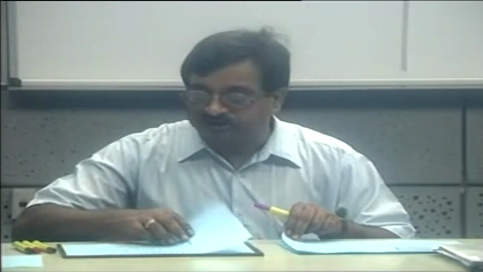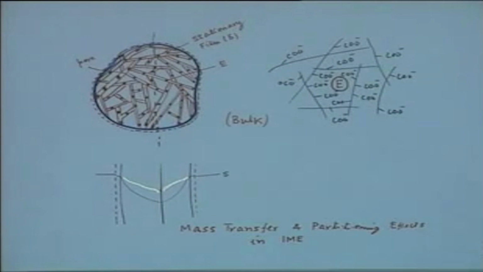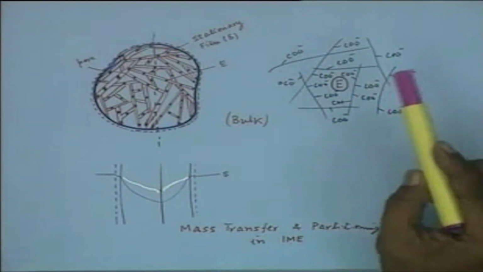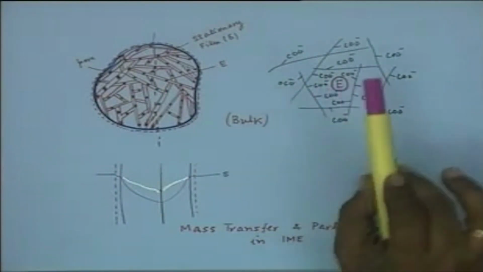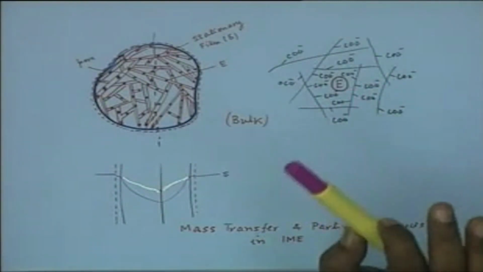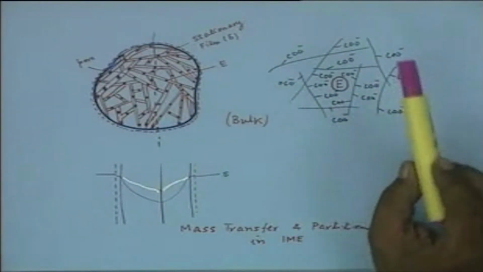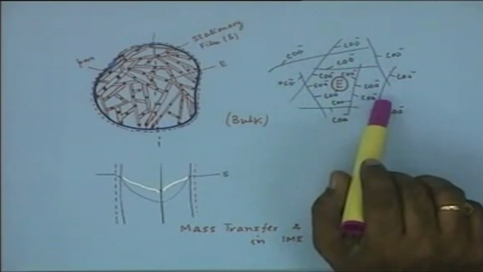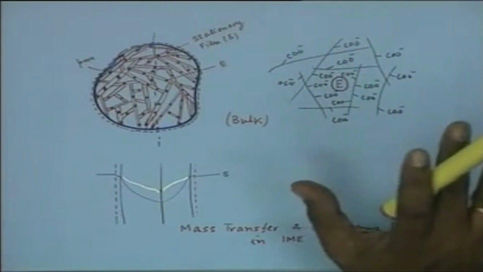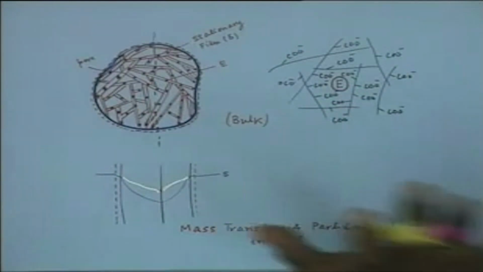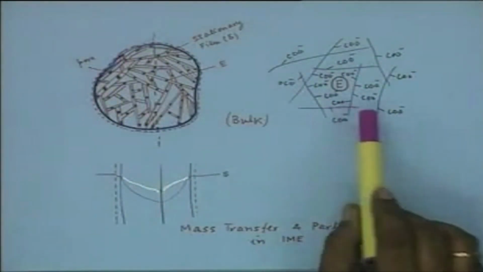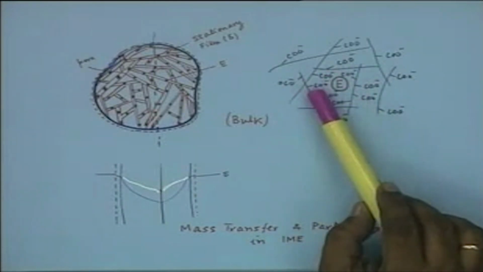Now the two effects, the partitioning effect and the mass transfer or diffusion effect, can be visualized here. If you notice in the right hand side diagram, I have assumed a hypothetical carrier preparation which is polyanionic in nature. That means it is highly negatively charged. An enzyme molecule is entrapped or located in the midst of negative charges.